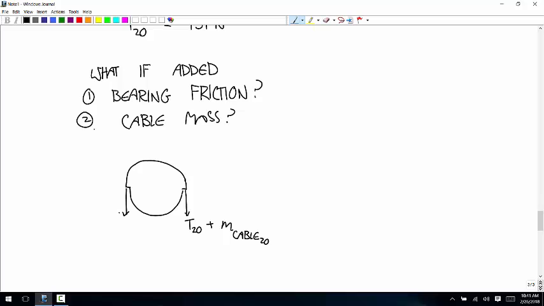Same with this over here. This would be T10 plus the mass of the cable 10. And that would all just come from the amount of cable you have there. And then this would be an additional mass. You'd have to deal with, I guess I'll put it in the weight.